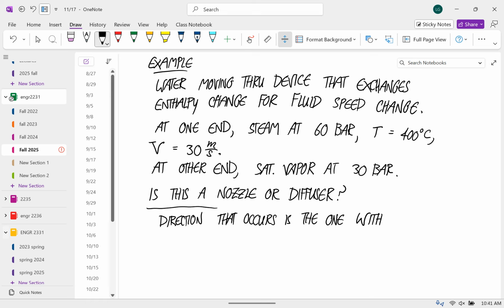With the inlet, calling one of these two states the inlet and the other one the exit, that rate of entropy production will either come out positive or negative. If it comes out positive, then that's the direction that it goes. If it comes out negative, then that's the wrong direction. So the direction that occurs is the one with positive rate of entropy production.